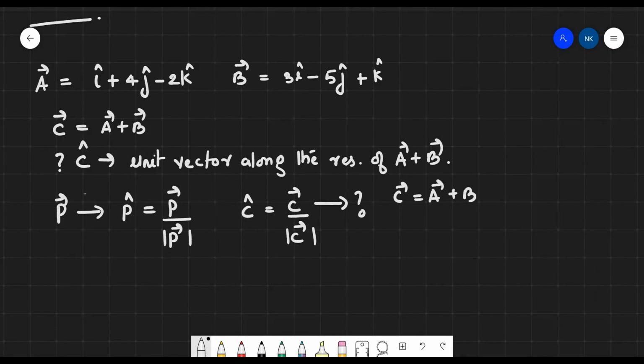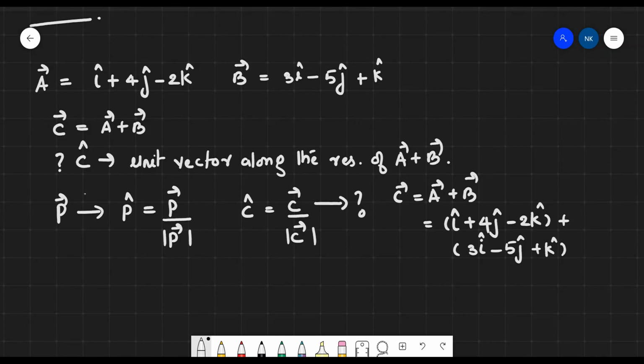ठीक है, वेक्टर A का value कितना था? वेक्टर A का value था i cap plus 4 j cap minus 2 k cap. This was vector A plus vector B कितना था? 3 i cap, all right, minus 5 j cap plus k cap.